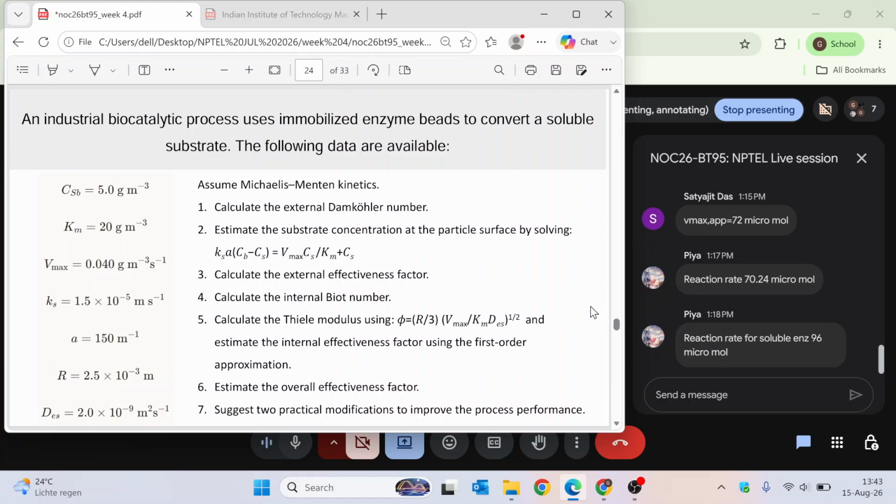We can just solve one by one. After every few minutes, I will tell the answer for one of the subdivisions. So you can just start solving the question. This is kind of an overall question where we deal with many concepts in enzyme immobilization.